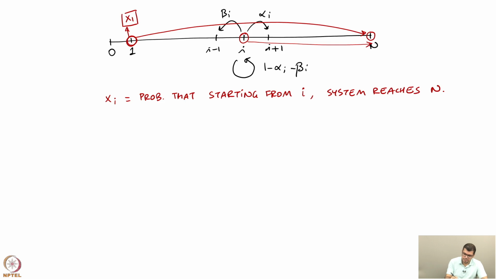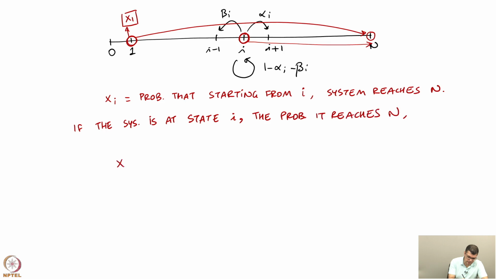So, like last time, one step of the Moran process can be written like this. If the system is at state I, then the probability it reaches n is simply equal to xi.